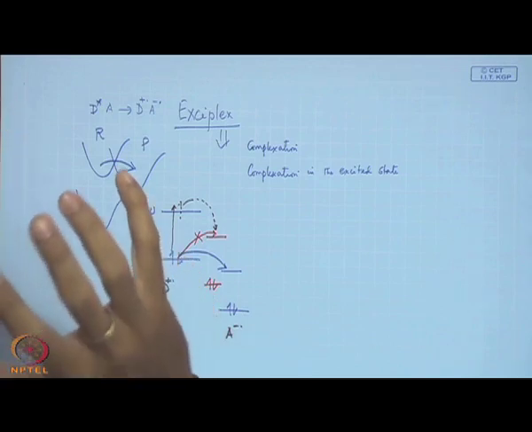When an electron is transferred from one species to another, there is a donor and an acceptor, and the donor becomes a plus charge and the acceptor a minus charge. Then there is a Coulombic interaction, so they will come close to each other.